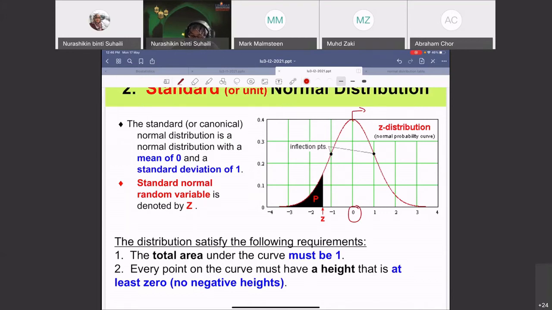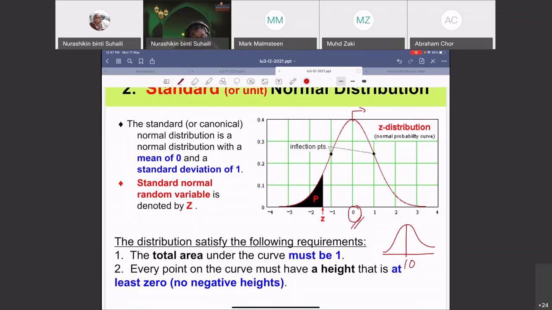For any normal distribution, the mean, the middle or peak value, can be any other value, maybe 10. But when we say standard normal distribution, there is a formula applied in order to make the distribution lie with a peak value of 0. So remember that in standard normal distribution, the peak value is 0.